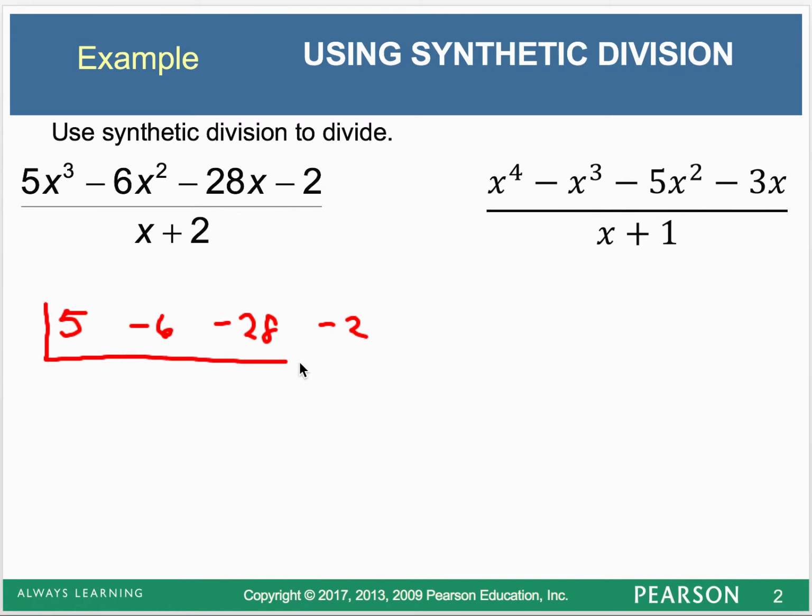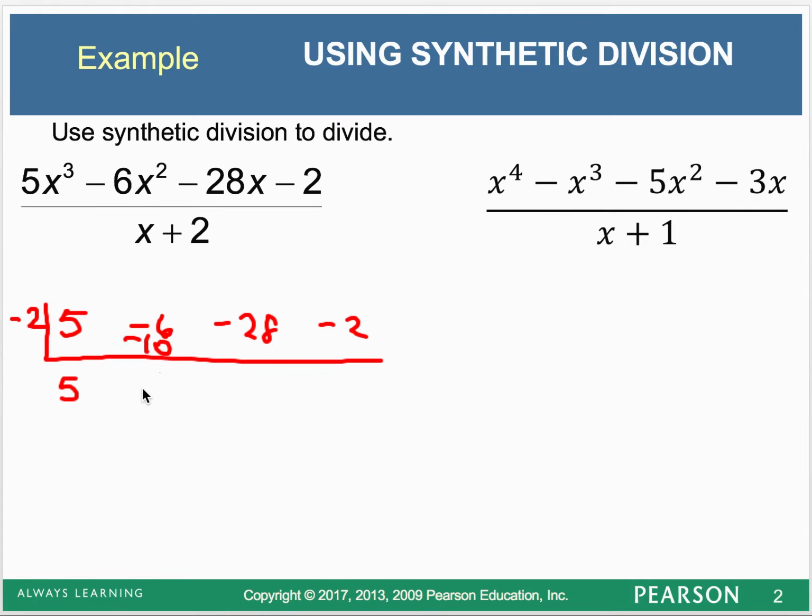Don't forget to change your sign, since it's given me the factor instead of what k actually equals. Bring the first number down to get us started, and then just multiply and add all the way across.